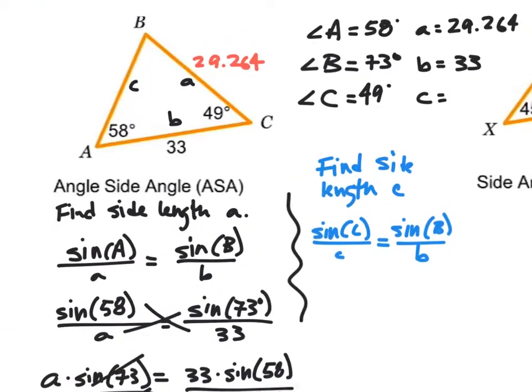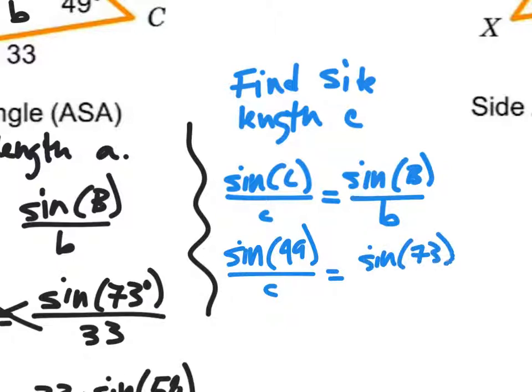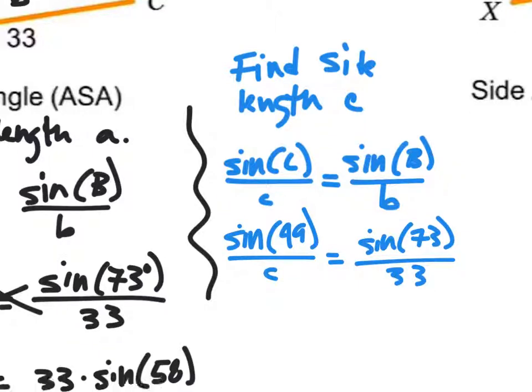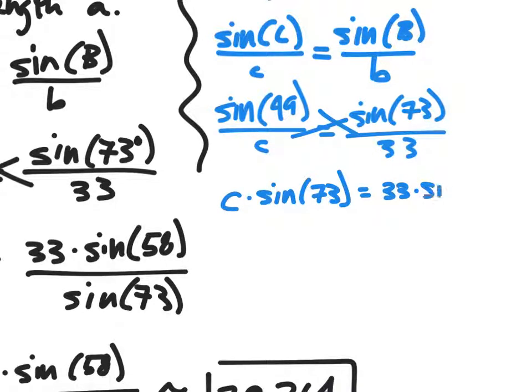So let's jump in here. Sine of 49 degrees over C is equal to sine of 73 over 33. We can do the exact same thing, cross multiply. So C times sine of 73 is equal to 33 times sine of 49.